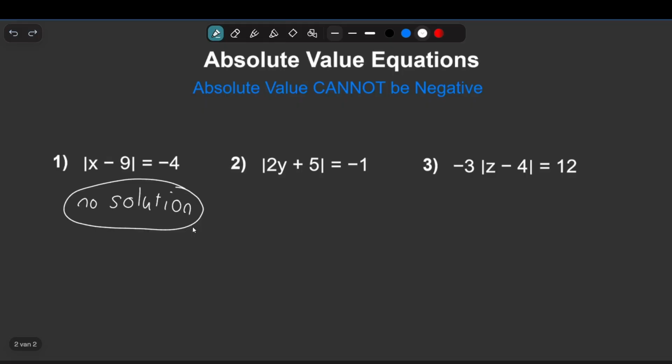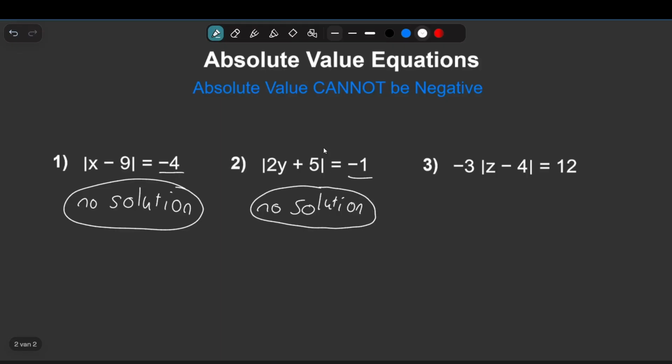Now for our second example, we have the absolute value of 2y plus 5 equals minus 1. For this one, it's exactly the same. As you can see, you end up with a negative number. So again, there is no solution, and this will be your final answer.